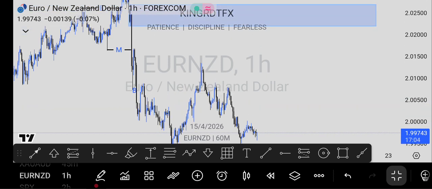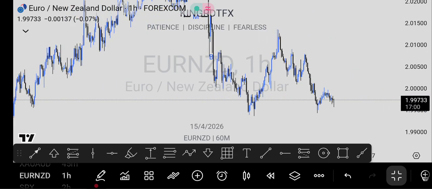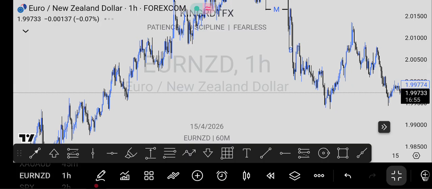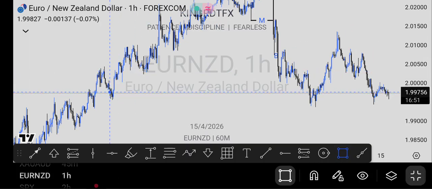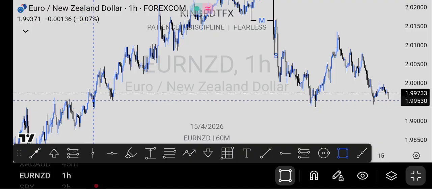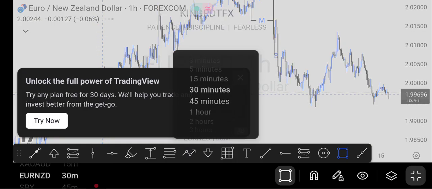Look what's happening down here. Price is reacting from something here. Alright, so we go to our left side to check. Then we see, okay, let's go to our 30 minutes.